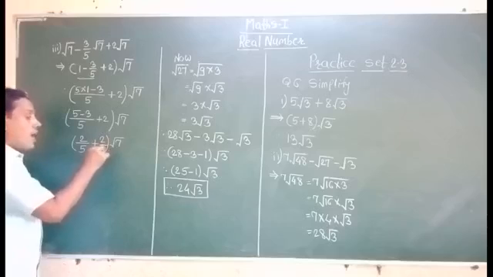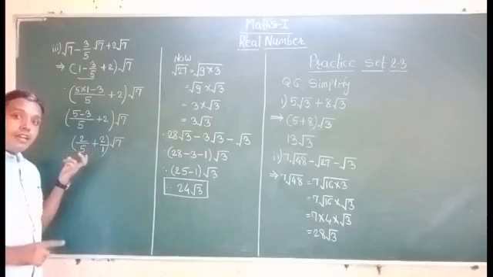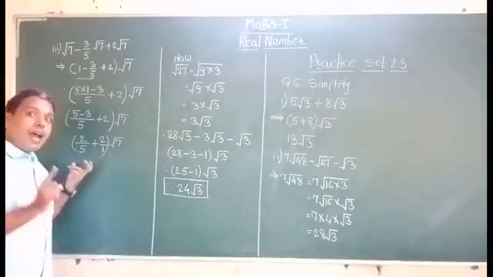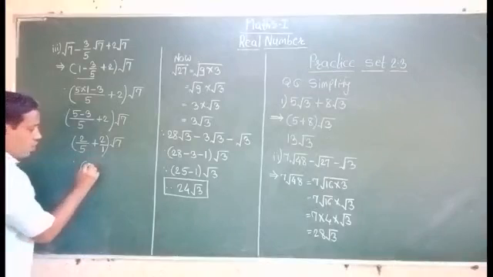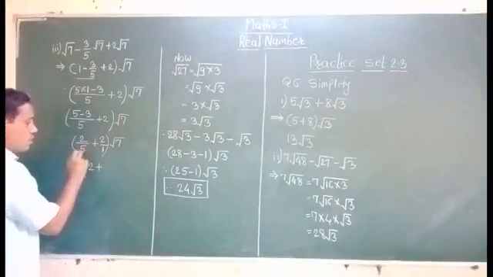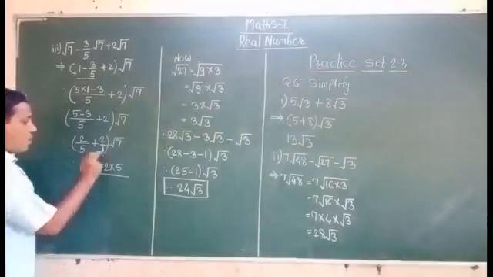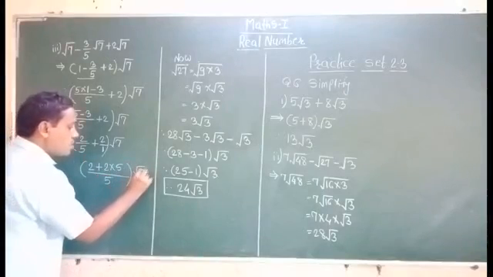The denominators are again never the same, so again by taking the cross multiplication we get the denominators the same. Therefore 2 ones are 2 plus 2 into 5, and 5 ones are 5 surds 7.